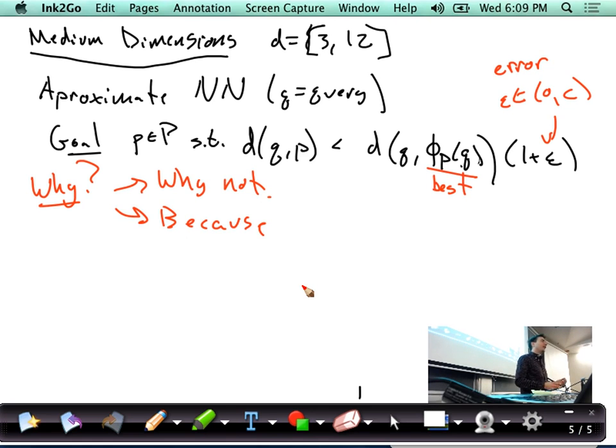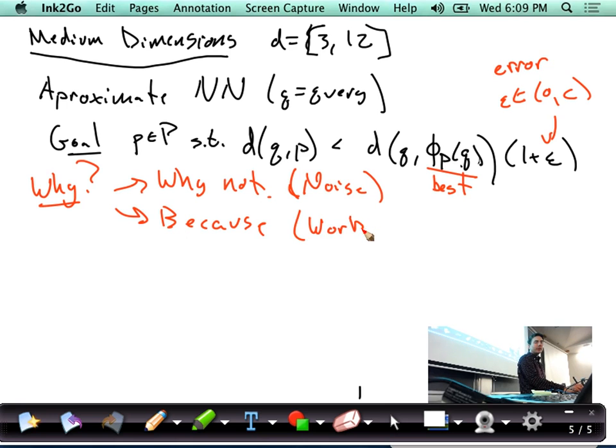If you find something that's close to being similar, then there's no reason to say that the optimal point, the best one, is definitively better than some point you find which is nearly as close. So this why not is really because there's noise in there anyway, right?